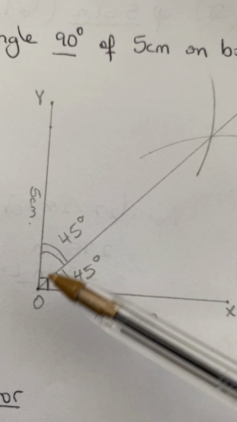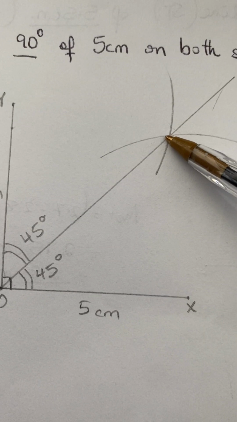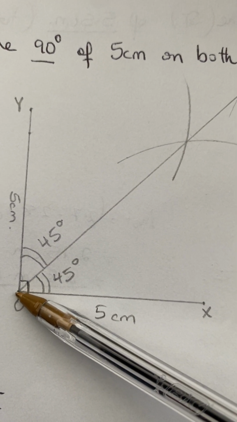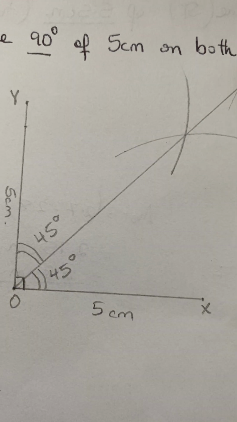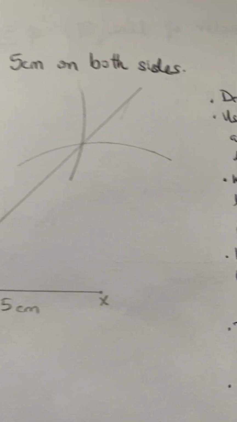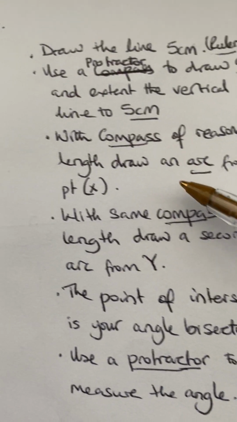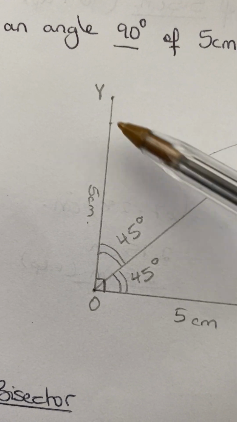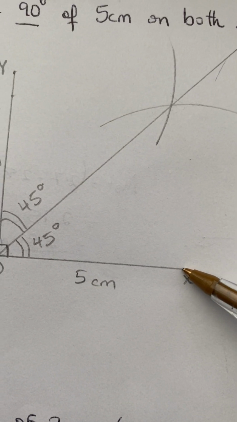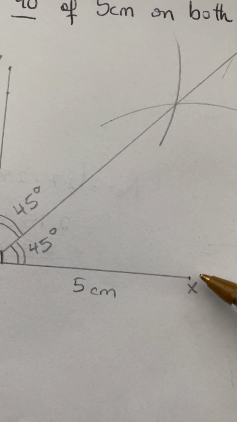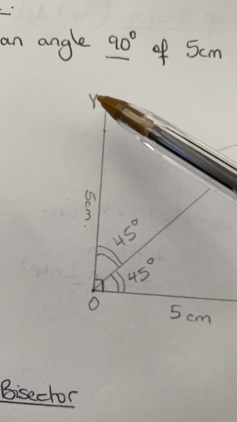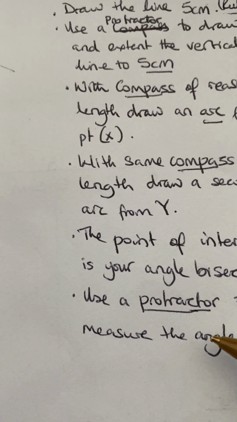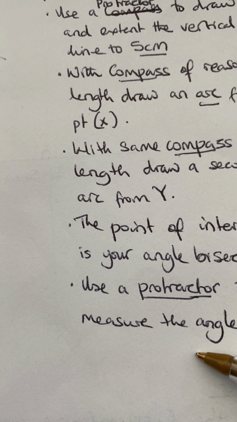All you need to do is to get the arc to intersect here, and then you draw the line from where the angle is to cut through, and that will be it. With the compass of reasonable length, okay, you do the same for Y. So the same arc length and compass length you use for X, you use the same for Y. The point of intersection is your angle bisector.